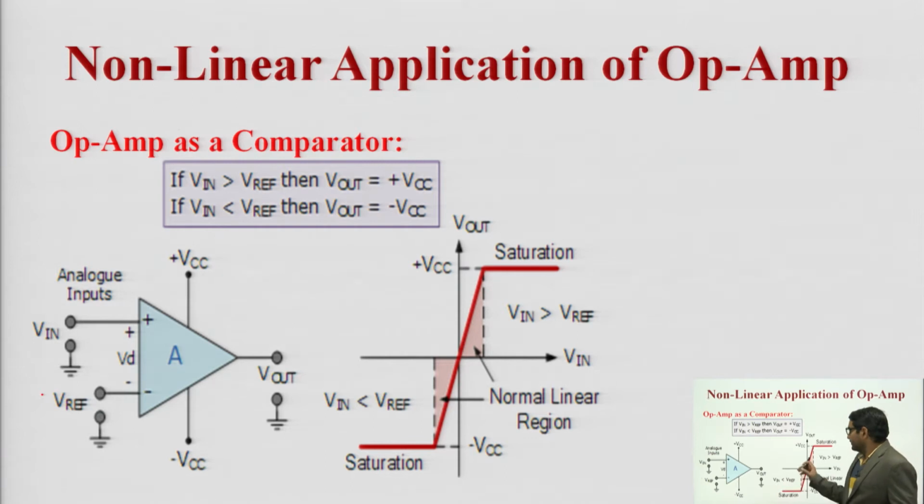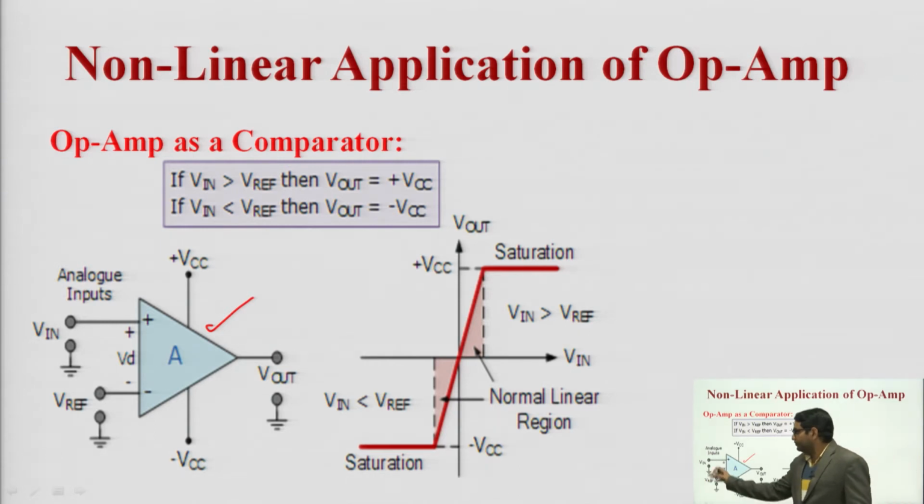Okay. So, if you see, this will be the op-amp. Here are two inputs, one is V reference, one is the time varying signal V in, and the other one is a known signal, we can say a DC signal, V reference.